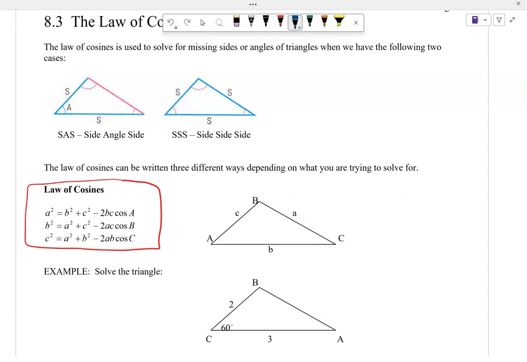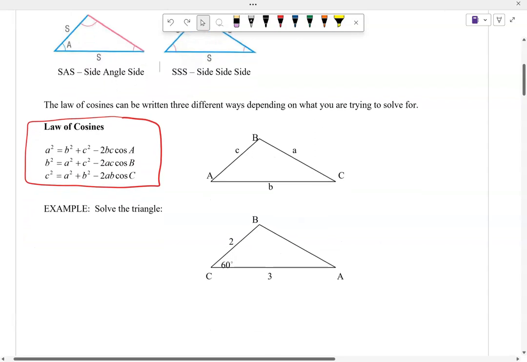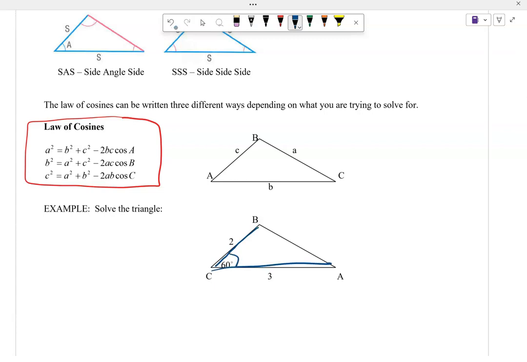Okay, let's go ahead and use this law of cosines. Notice I have side, angle, and a side. All right, so side, angle, side, or side, side, side. That's when you're going to use the law of cosines. And let's go ahead and label our sides here. So here's lowercase a, opposite angle A. Here's lowercase c.